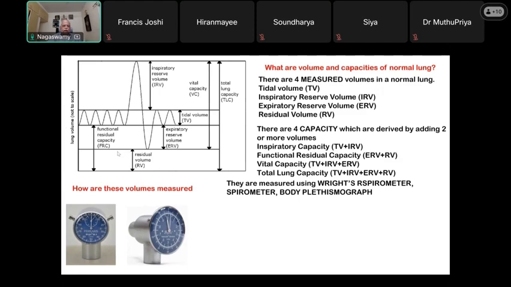So FRC, RV is also a part of it. So what is the function of this residual capacity, where this amount of air which you cannot forcefully exhale out is also there inside? It is a reserve of the lungs in case a patient has to go in for a period of apnea or something. To prevent desaturation, this functional residual capacity will help.